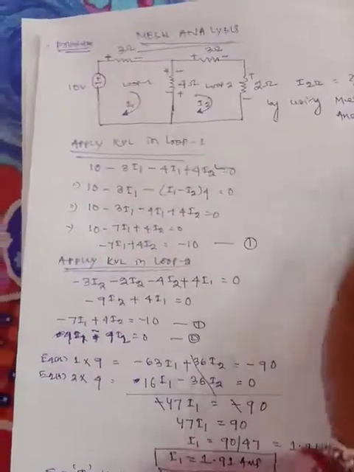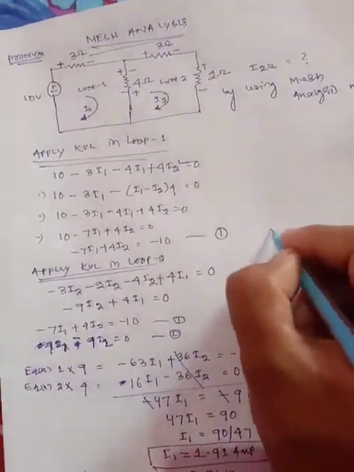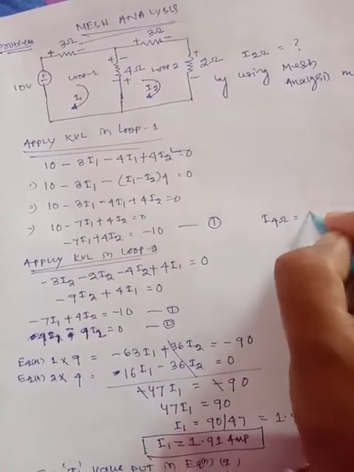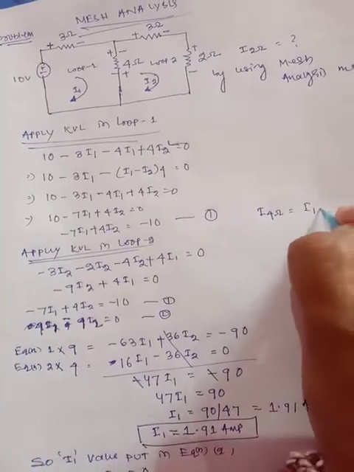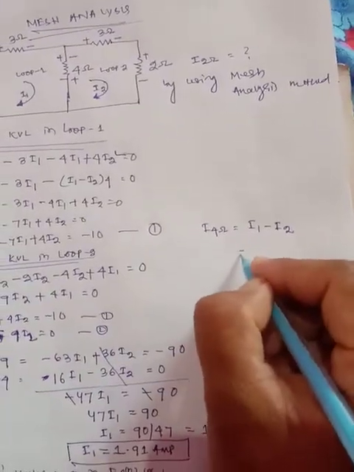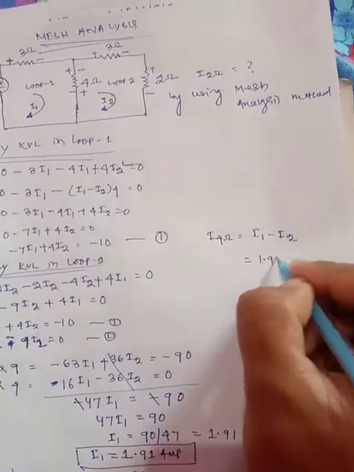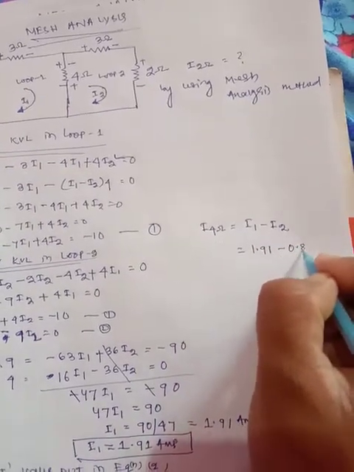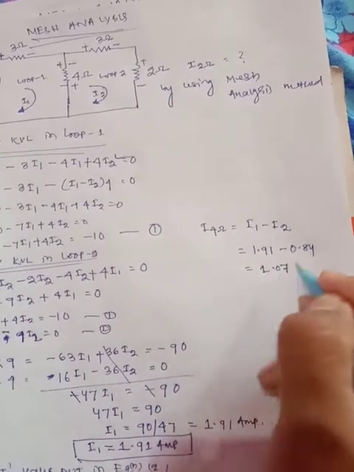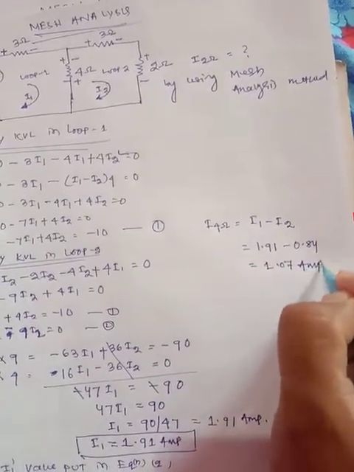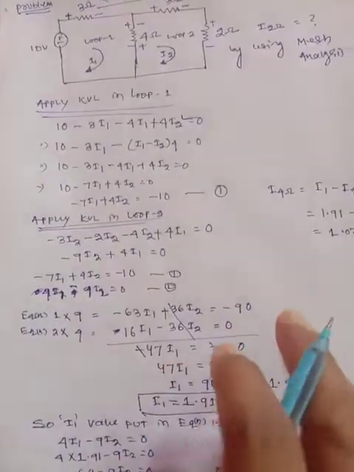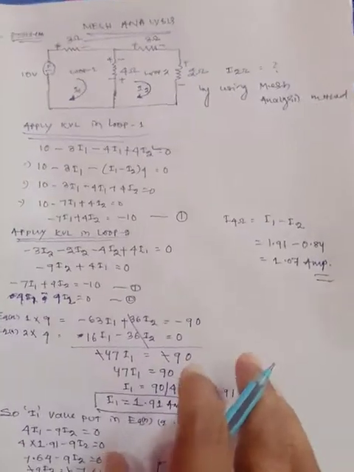Similarly, I 4 ohm equals I1 minus I2, that is 1.91 minus 0.84 equals 1.07 ampere. So this is the total problem of mesh analysis. Thank you.